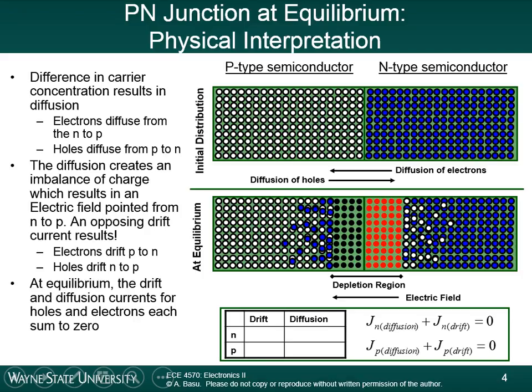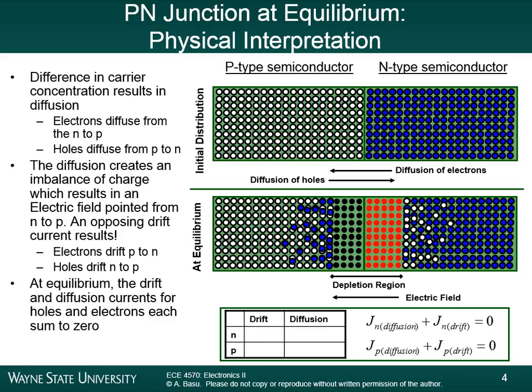Now, what we're going to start off with today is the idea that these two are balanced. The drift currents and the diffusion currents are balanced at equilibrium. They sum up to 0. If you think about this, this has to be true. If you took a p-type material and an n-type material together, and the net current was not equal to 0, then you'd have an infinite source of energy.